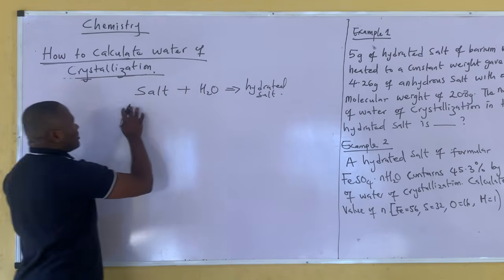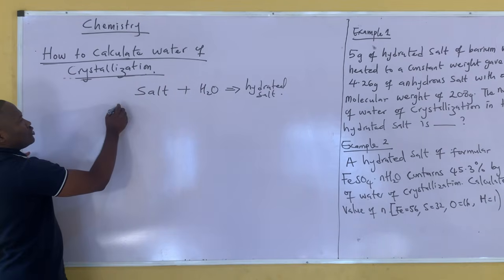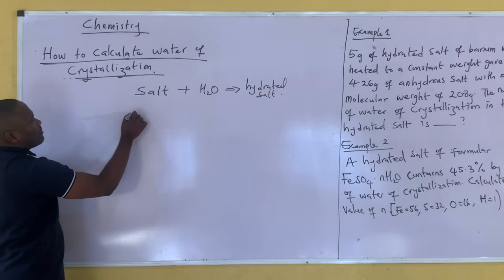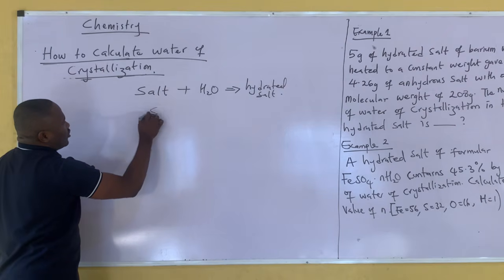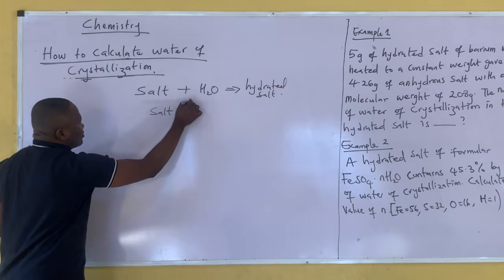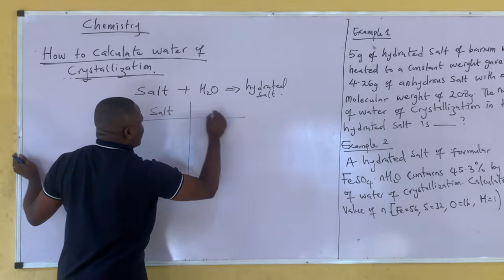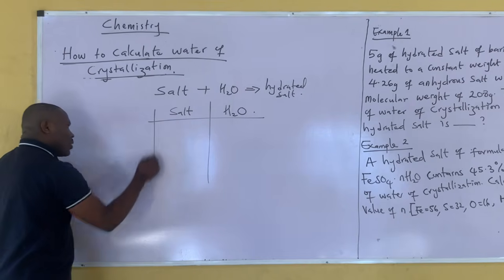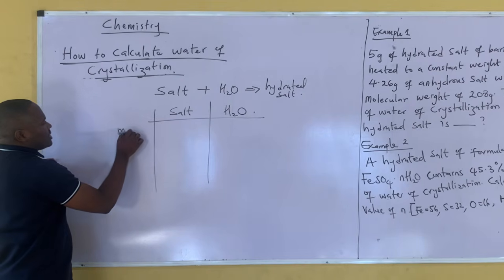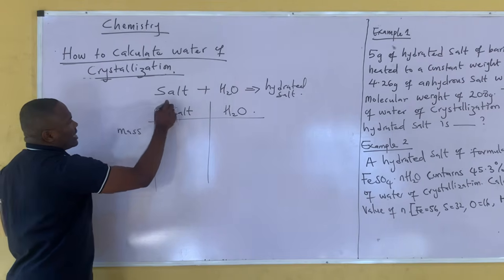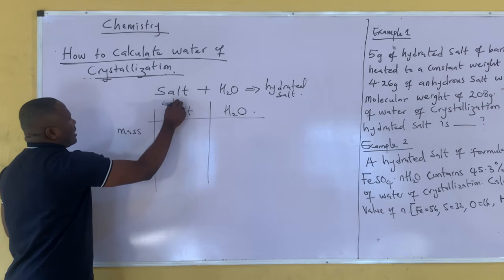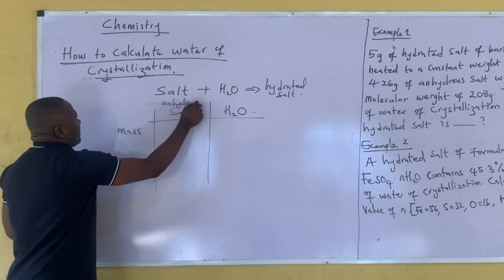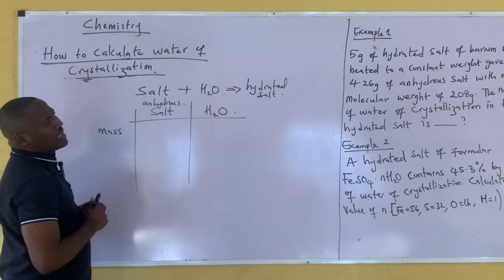So I have an anhydrous salt. What is the mass of the salt? I want to make a table: mass of salt, and mass of water. Now, this salt is the anhydrous.